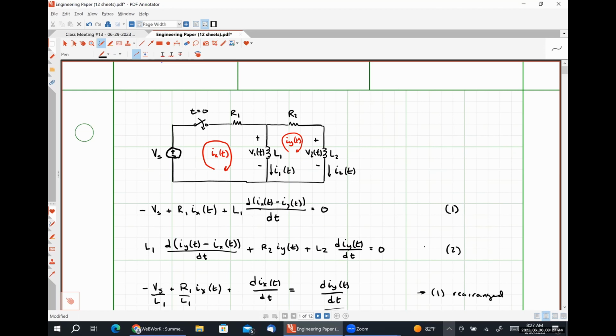Well, hopefully we can see that our inductor current I1 is simply Ix minus Iy.